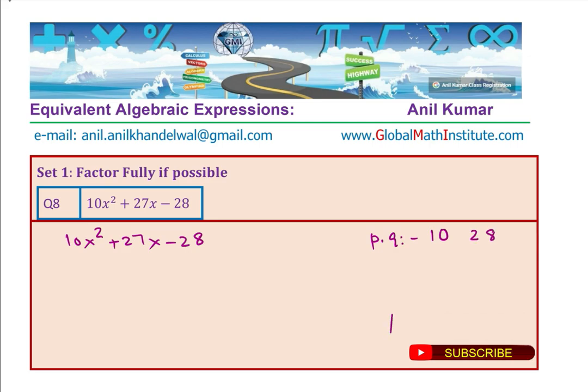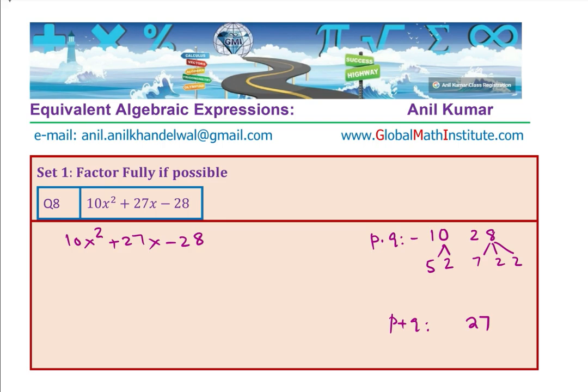And we are looking for sum of these two numbers as equal to 27. So how can we get these numbers? So strategy is simple. Just write 10 as 5 times 2 and 27 as 7 times 4. 4 can be written as 2 times 2. You get the idea. So break them into their prime factors.